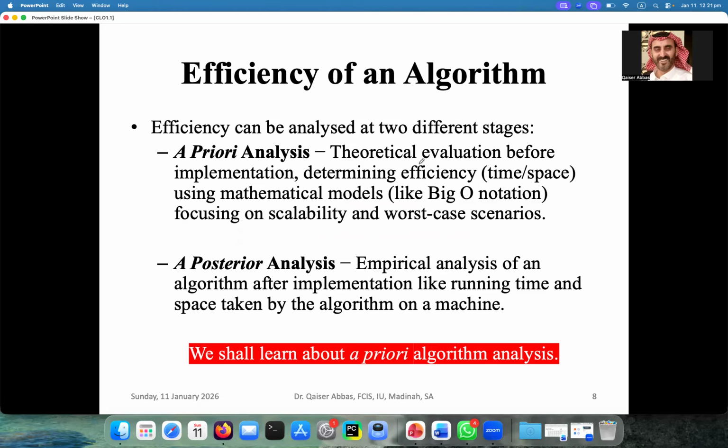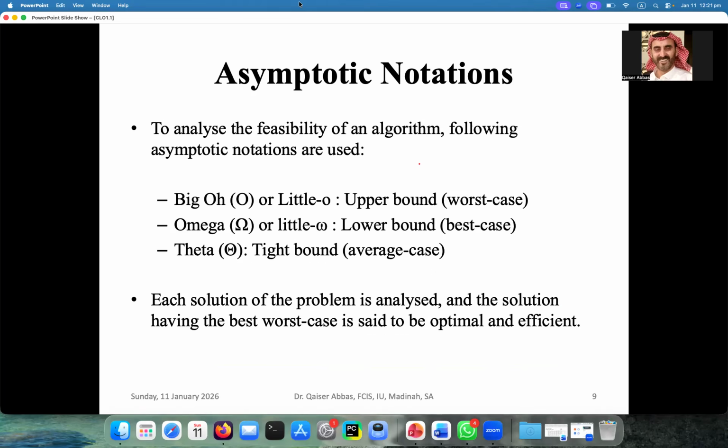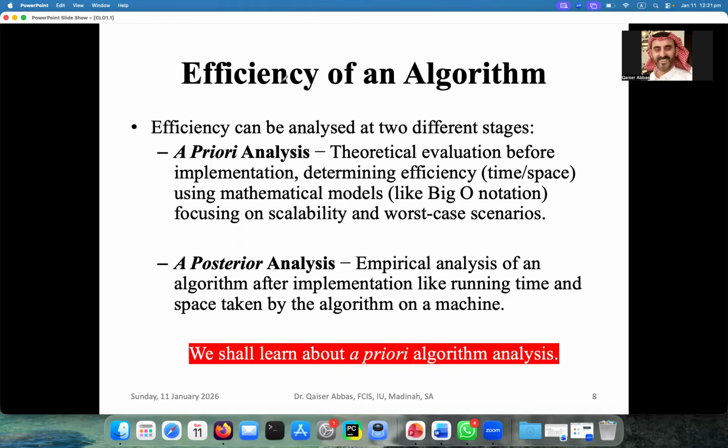Okay, as per your statement, we were finished with this slide, efficiency of algorithms. And now we are going to start the topic of asymptotic notations.